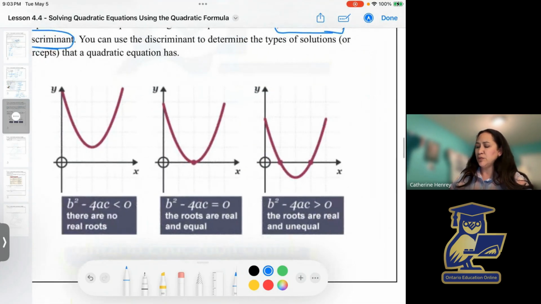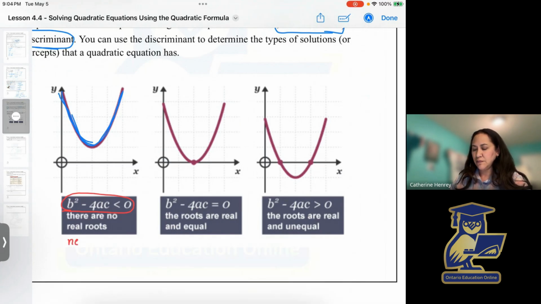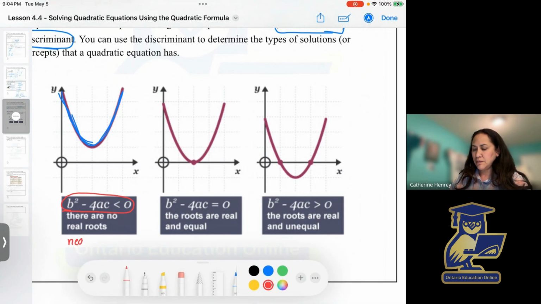We can have a parabola that doesn't touch the x-axis at all. In this situation, there are no real roots. You will see that when we find that b squared minus 4ac is less than 0, or if it's a negative. So if the discriminant is a negative, you have no real roots.